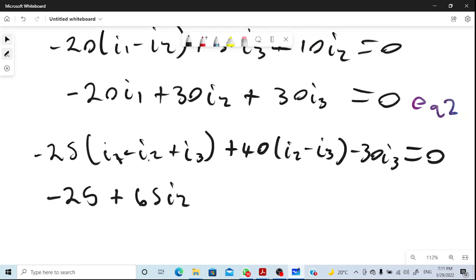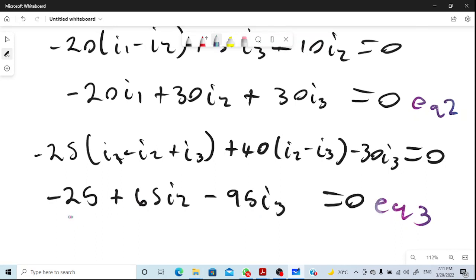Then for I3 I'm going to have negative 25 minus 40, so it's minus 65 in total, minus 30, so it's minus 95. Okay, minus 95 I3 equal to 0. So this one becomes my equation 3.